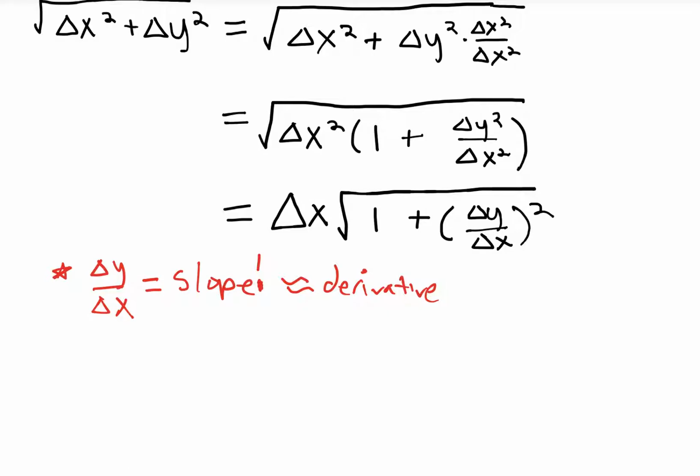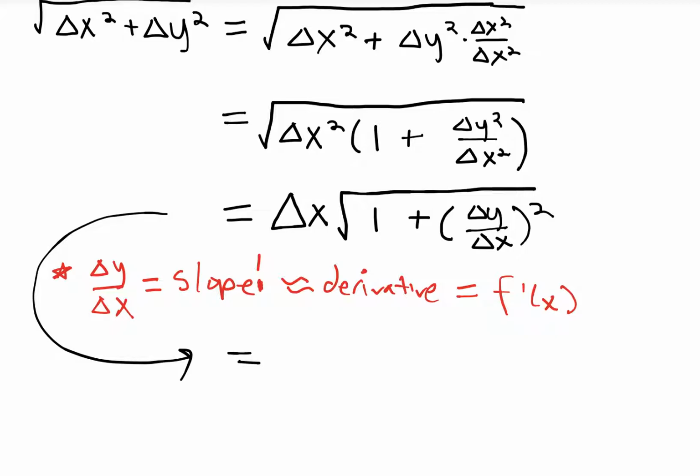So rather than using delta y over delta x for whatever function expresses that segment, I could go ahead and just use f prime of x, or y prime of x, either way. Okay, so I'm going to go ahead and make that substitution in this expression here.